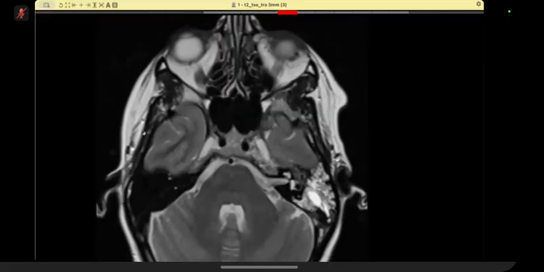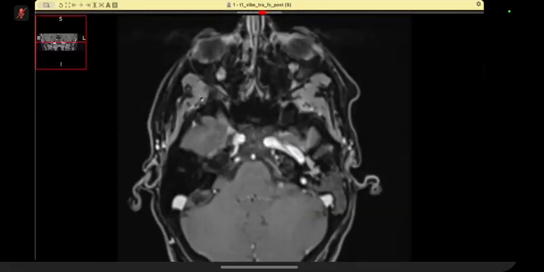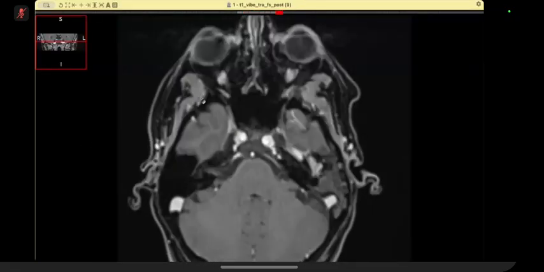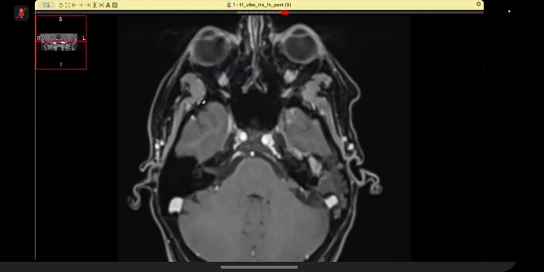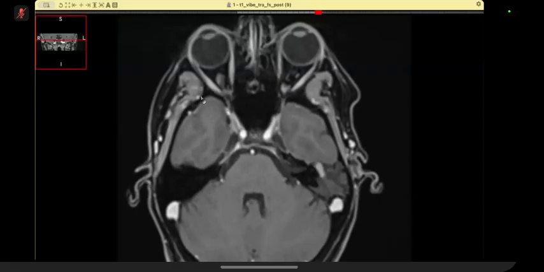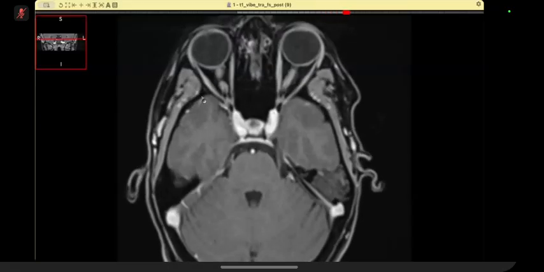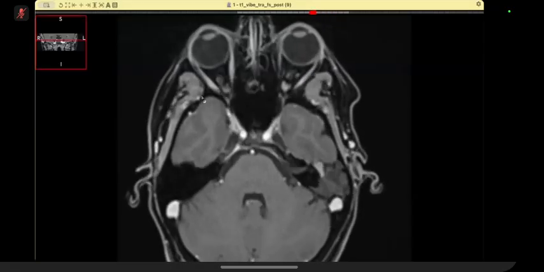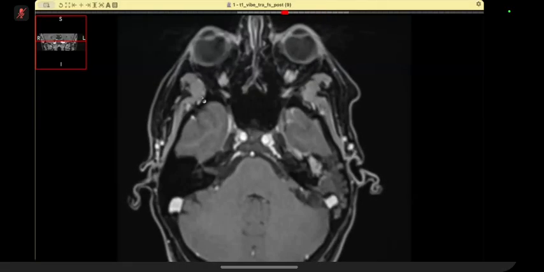Post contrast. Okay, so post contrast. Yes, the soft tissue lesion that was low signal in T2 is seen rapidly enhancing now in post contrast.